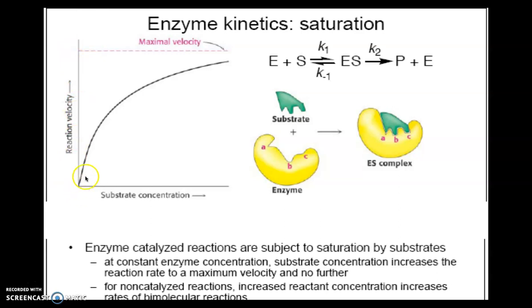It increases when your substrate concentration increases, just the same as in your chemical reaction, right? Until it reaches a certain condition of substrate where it reaches the maximum velocity, or the maximum reaction rate.